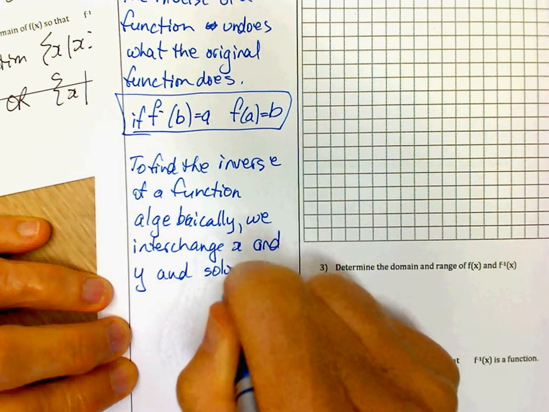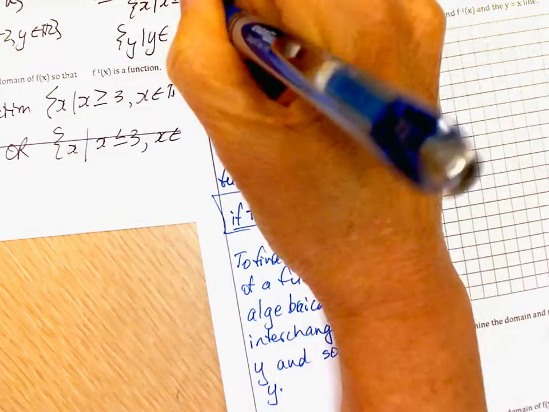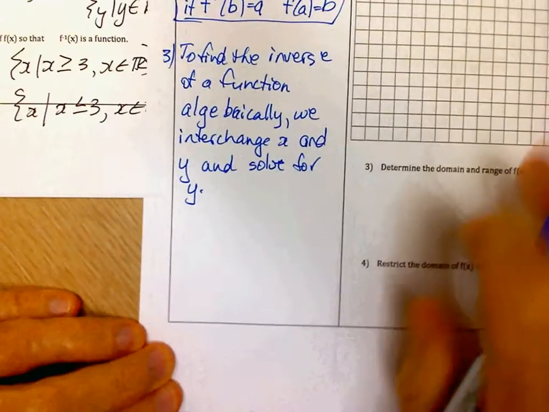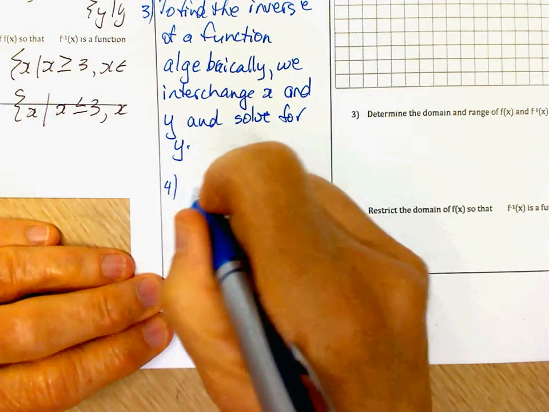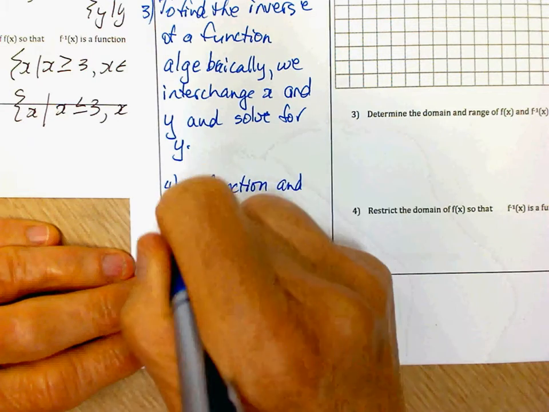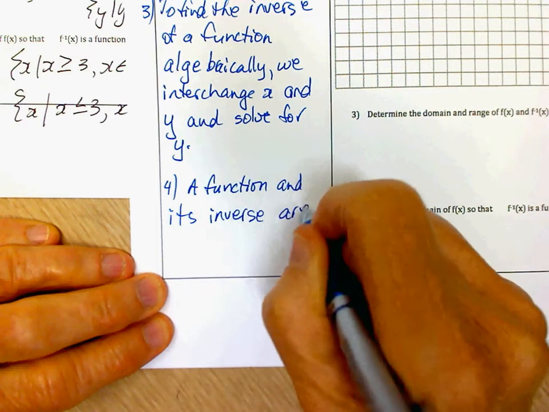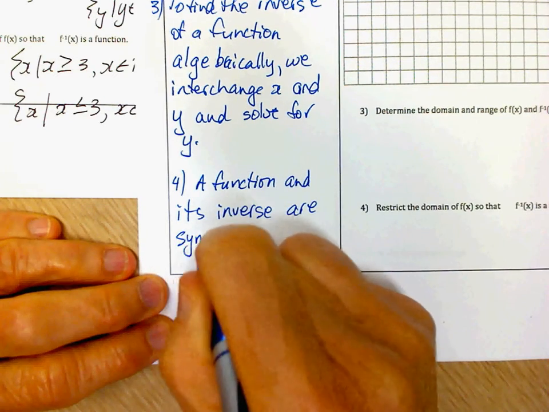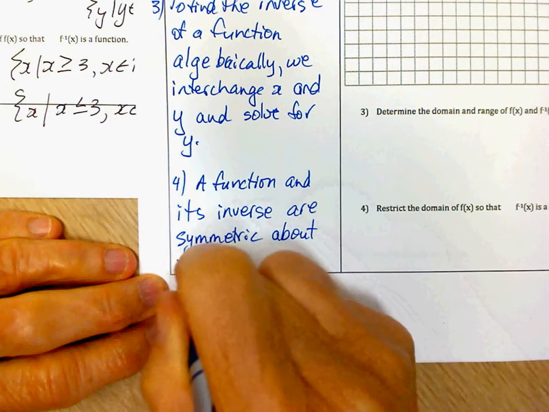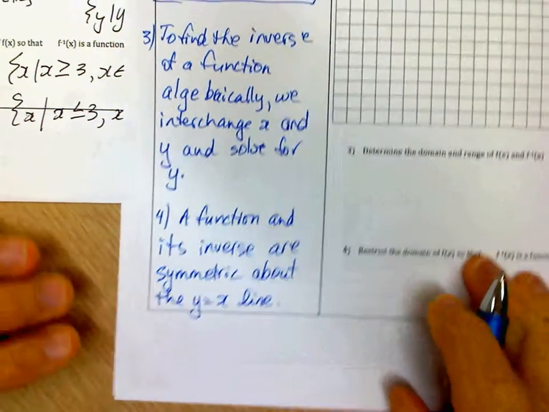That's point number 3. And the other important point: a function and its inverse are symmetric about the y equals x line. Okay? Some important points to remember about inverses.